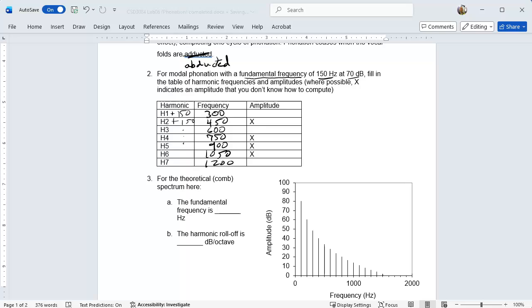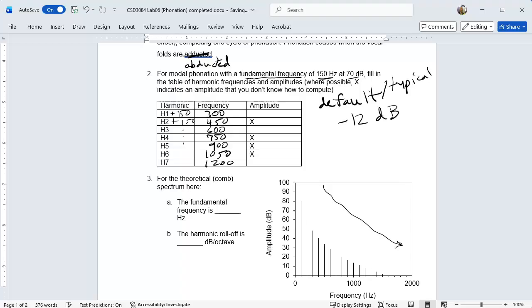Now, in terms of the amplitude, if the phonation starts at 70 dB, that amplitude drops off, kind of like it does in this graph down here, where the amplitude gets lower as we go higher in harmonics. The default, if I don't say something else more specific about what happens with the amplitude, the typical, is for that to drop by 12 dB per octave, which is a doubling of frequency.